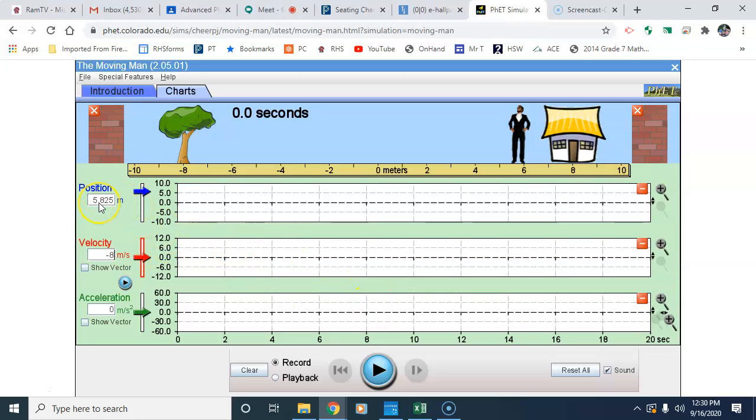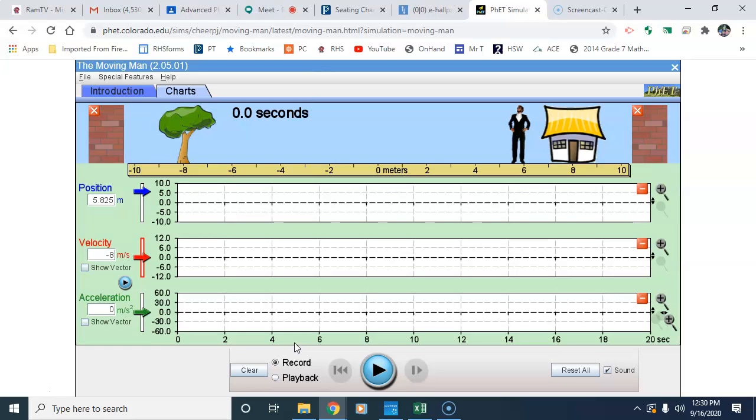Notice his position is not the origin, it's just close to 6. Now, if I just left it as is, with 0 acceleration, he would just stay steady going this way. What I want him to do is turn around eventually and come back. So he's going to start going this way because of the -8 velocity, and that's the negative direction.